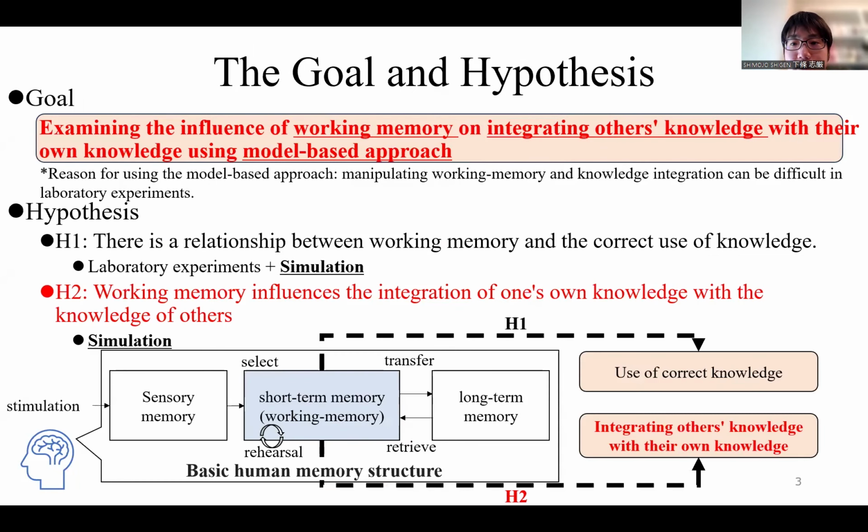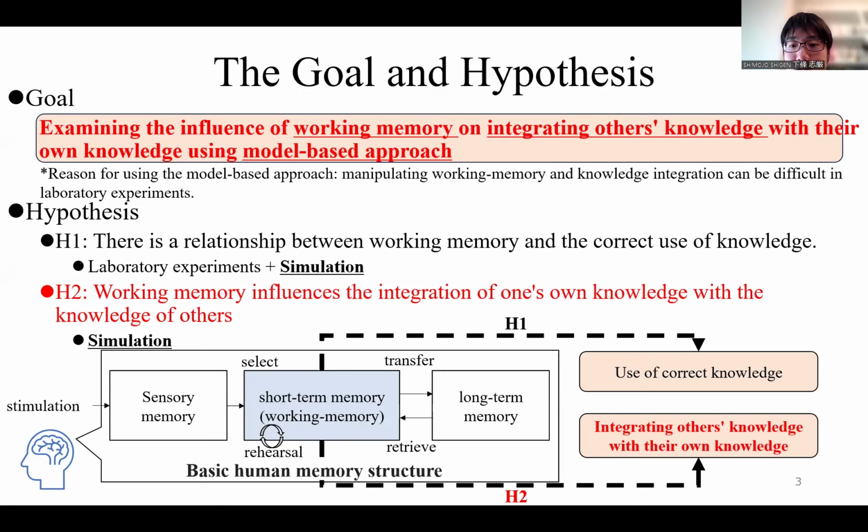The goal of this study is to examine the influence of working memory on integrating others' knowledge with their own knowledge using a model-based approach. The reason for using the model-based approach is that manipulating working memory and knowledge integration can be difficult in laboratory experiments.